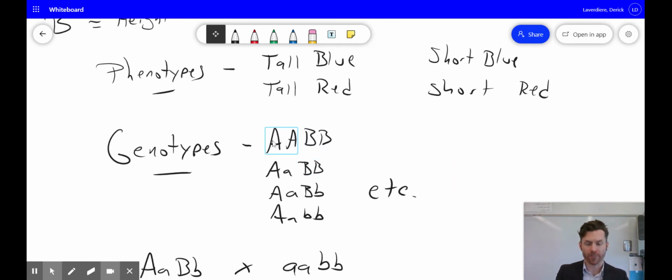Okay? And so I have my A's and my B's. This is one genotype, even though it involves two different genes. Okay? And there's a bunch of different options for this. I didn't feel like writing them all out, so I just gave you a little sample here. Okay? So this would be homozygous dominant for A and B. This would be heterozygous for A, homozygous dominant for B.